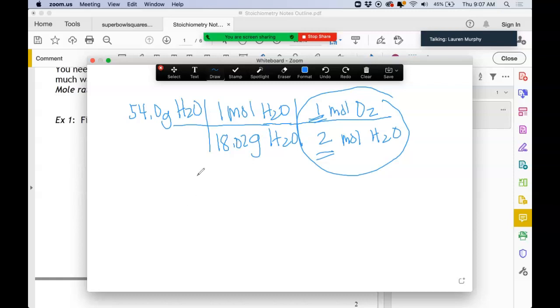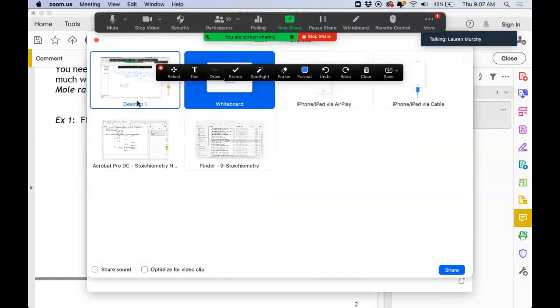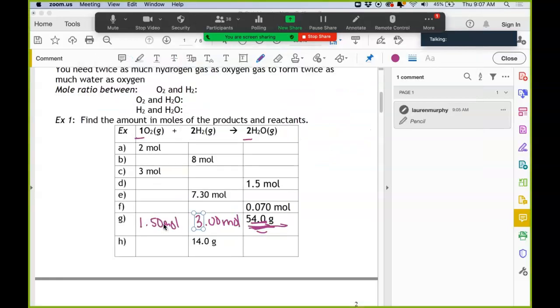So yep, with sig figs, it's 1.50. It's like 1.498 something something. So 1, 2, 3 sig figs. We'll just round this up to 1.50. Okay?